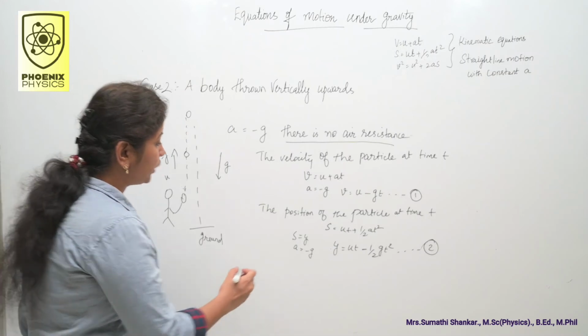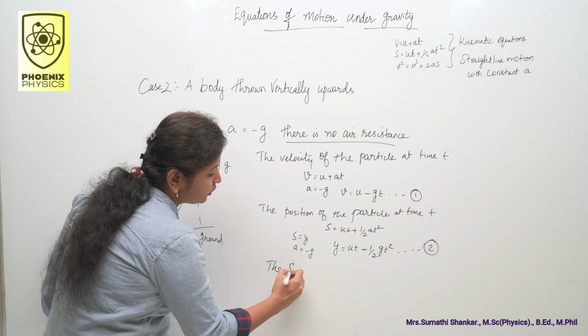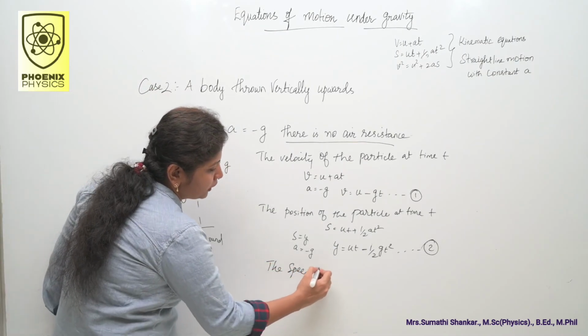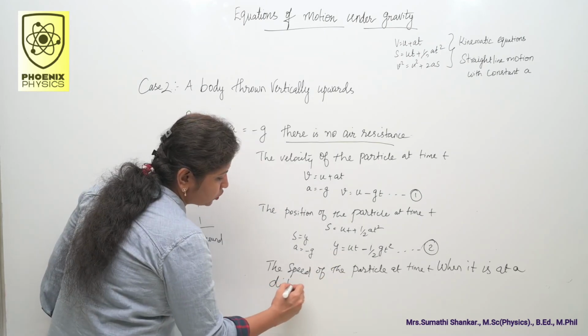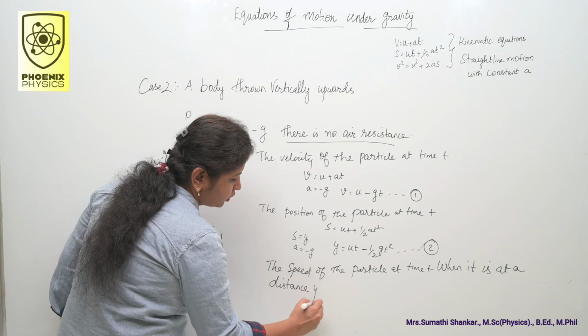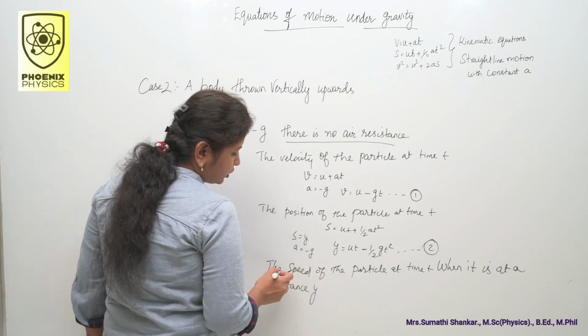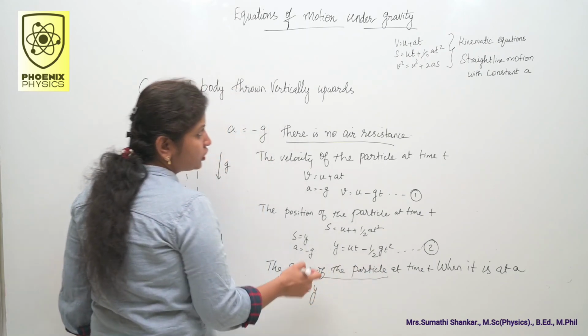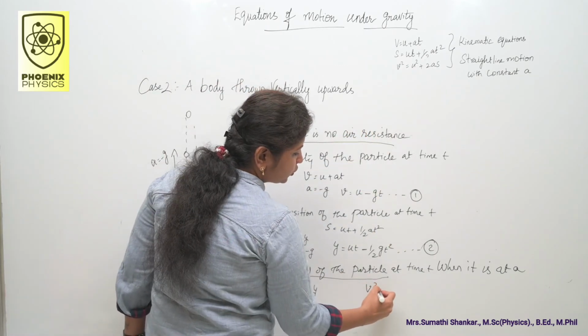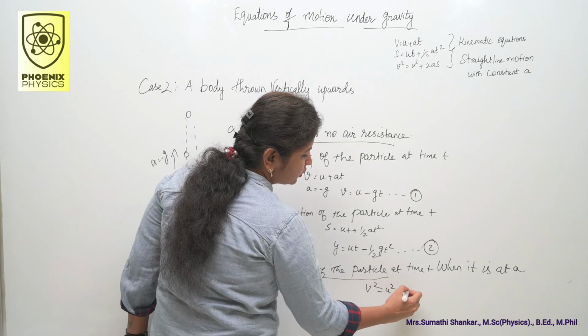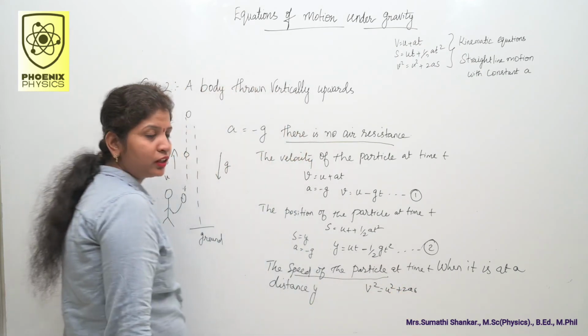Next we are going to calculate the speed of the particle at time t when it is at a distance y. Suppose it is the speed of the particle, we should take the third equation. v square is equal to u square plus 2as. This is our third kinematic equation.